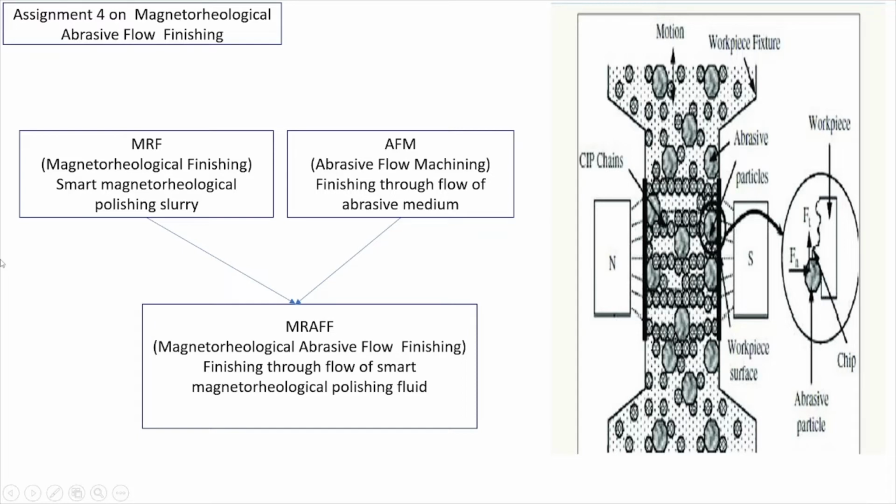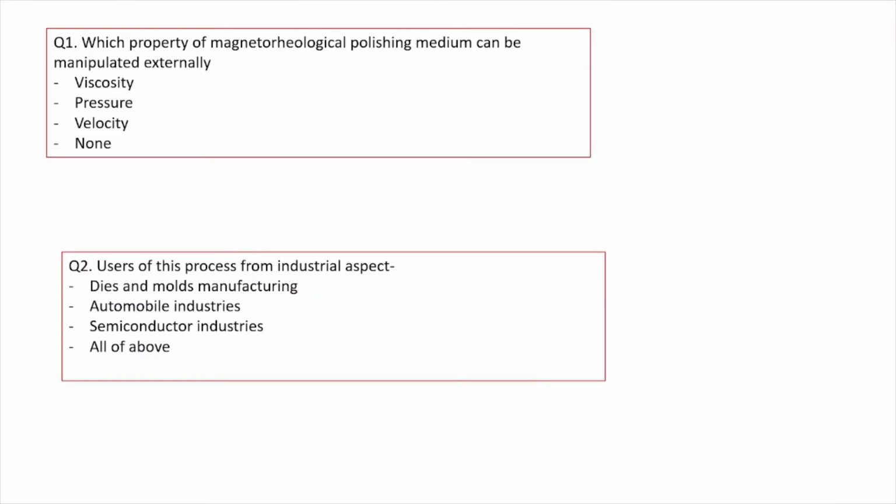We have seen in magnetorheological fluid what the effect of the magnetic field is. The viscosity of the magnetorheological polishing fluid is a function of magnetic field strength, and it varies according to the finishing characteristics.